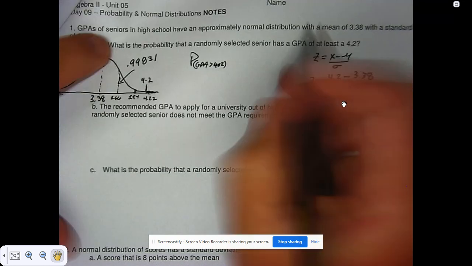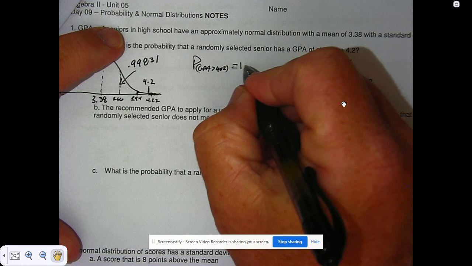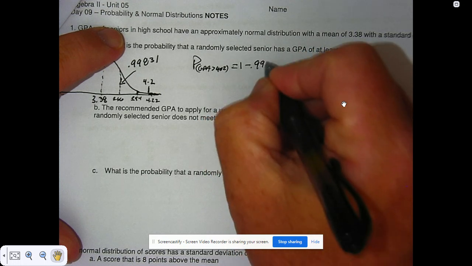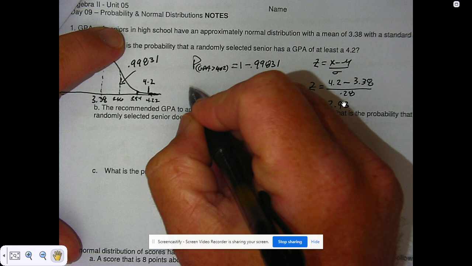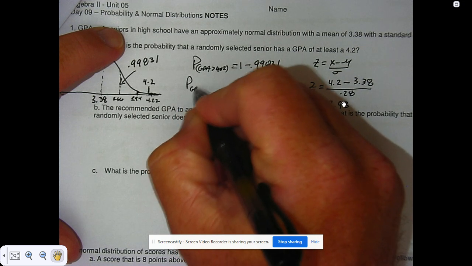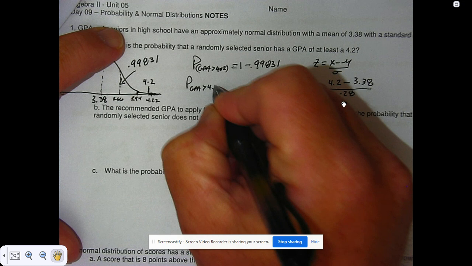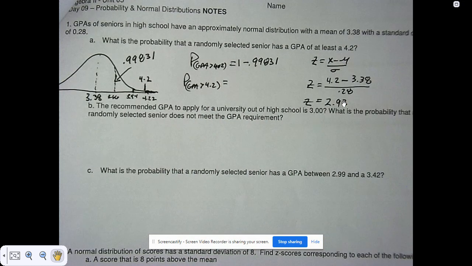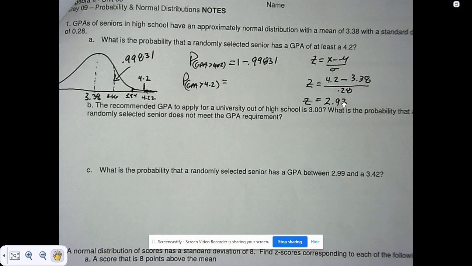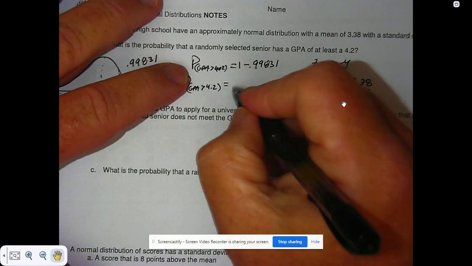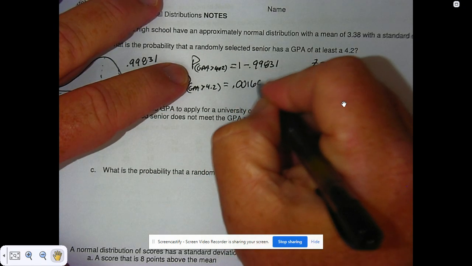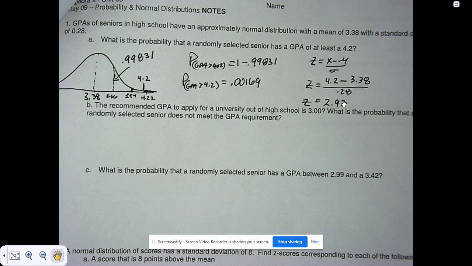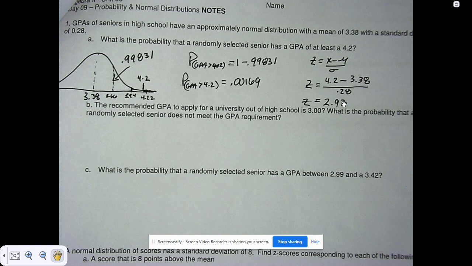So we need to go 1 minus 0.99831. So the probability that our GPA is over 4.2 is 0.00169. Not a lot. Less than 1%.